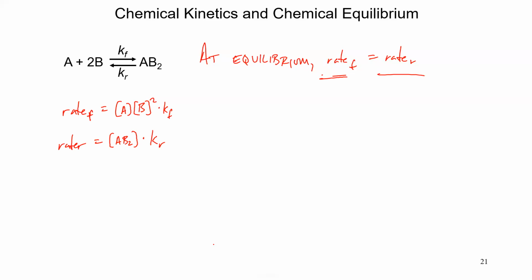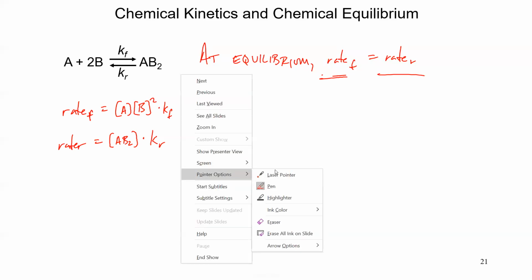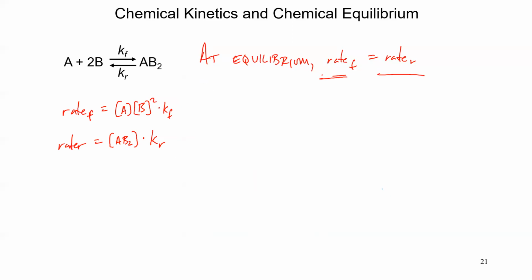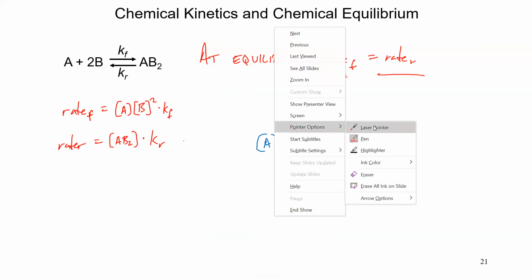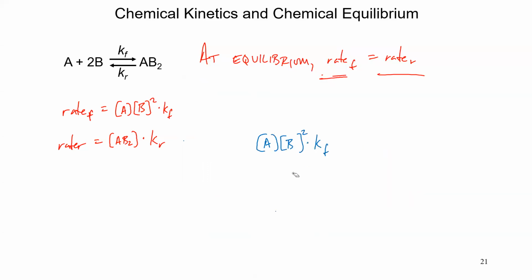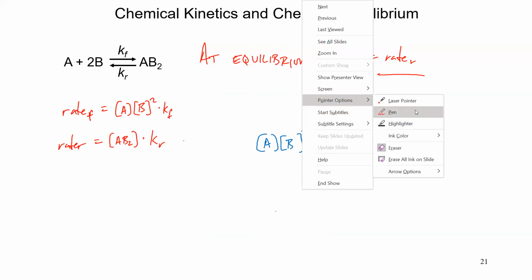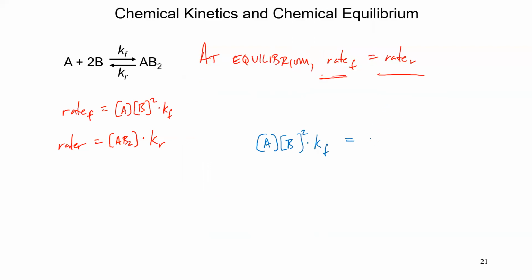So if we know that these two rates have to be equal to each other, we can do a little bit of algebra here. And we can say that the concentration of A times the concentration of B squared times K for the forward, oops, that should be squared on the outside, not squared on the inside, equals the concentration of AB2 times K reverse.